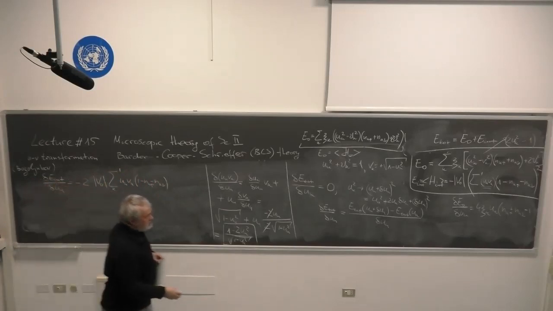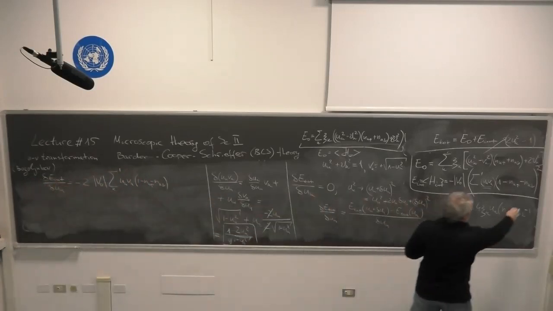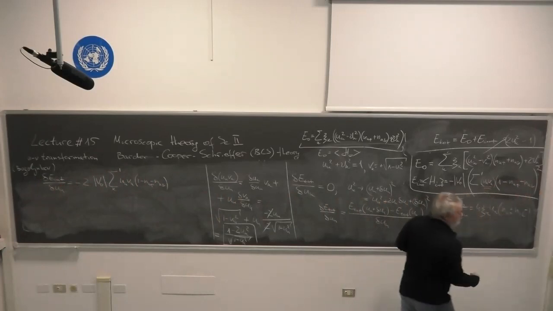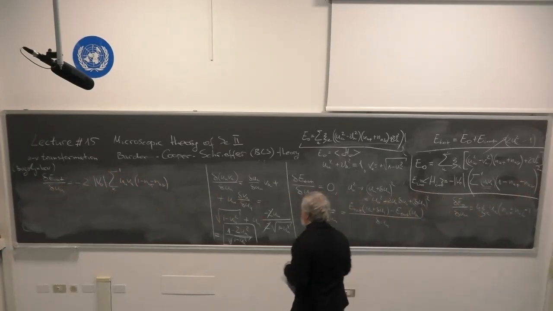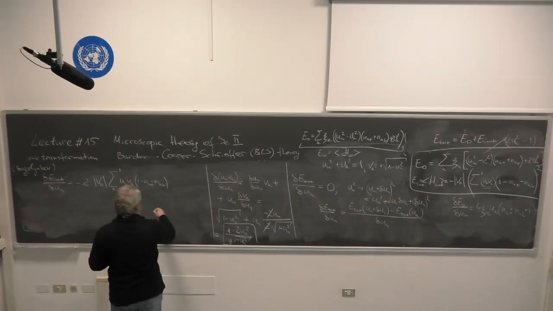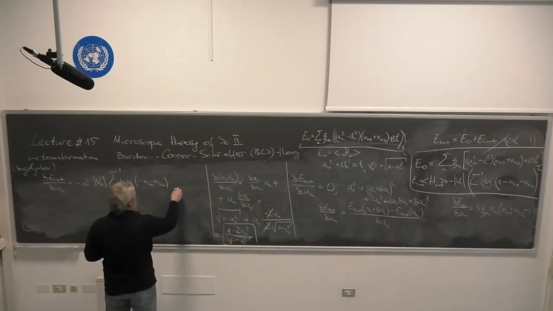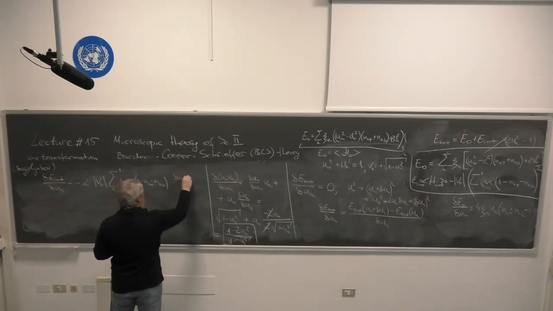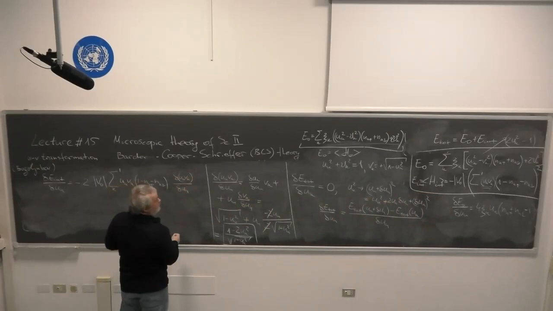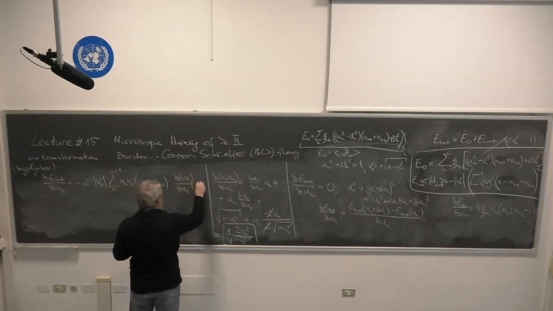So I took the derivative of the product of two sums. Now I need to take the derivative of the functional. It gives me δ(u_k v_k) over δu_k times 1 minus n_k up minus n_k down.